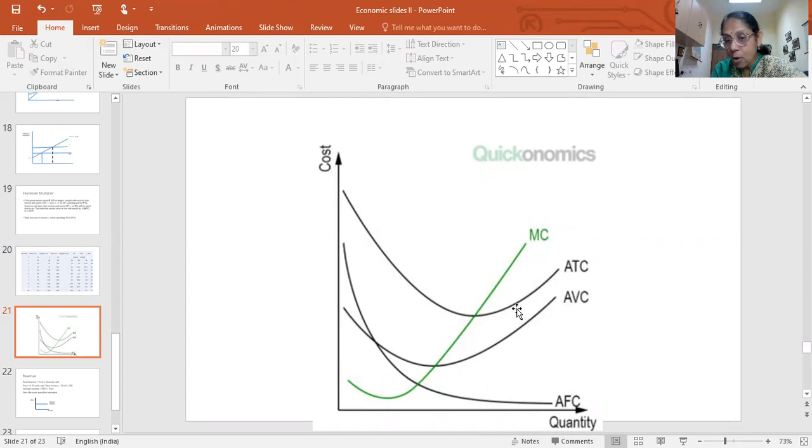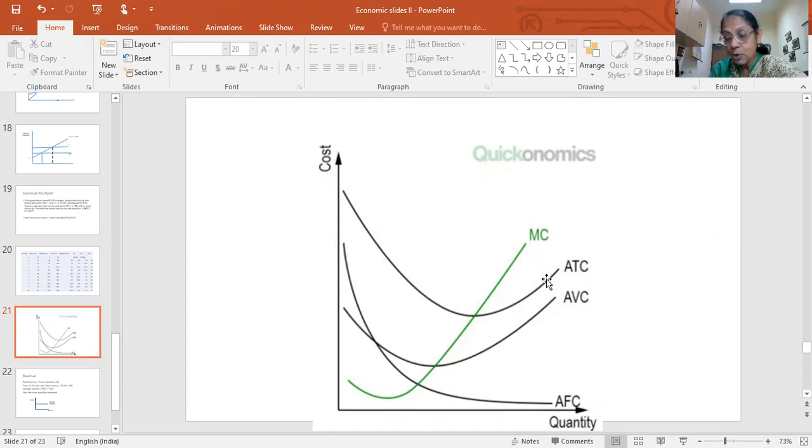So it comes down and then it goes up. Okay, it could have gone all the way up here also. Fine. So just like that, you then draw the average variable cost. It is going to be another U-shaped curve, but it will come closer and closer to ATC.